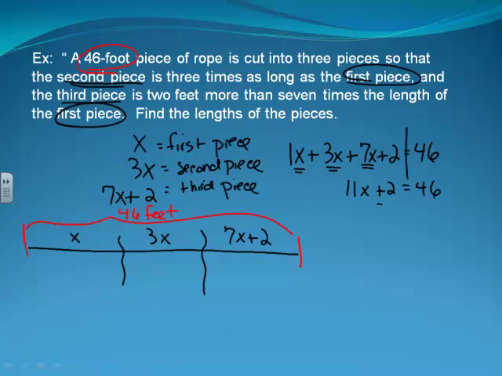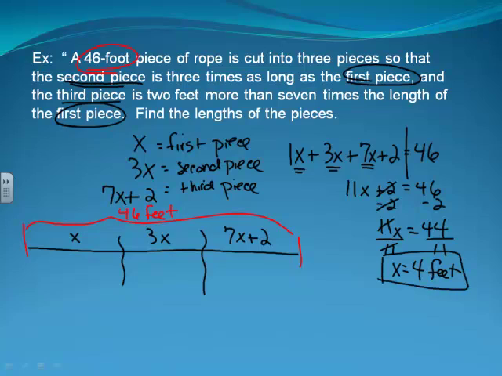Trying to solve for x, so subtract 2 to get the x term by itself. You've got 11x equals 46 minus 2 is 44. Divide both sides by 11, and x is equal to 44 divided by 11, which is 4 feet, because the original length was in feet. Don't stop there, though, because you've only answered a third of the question.